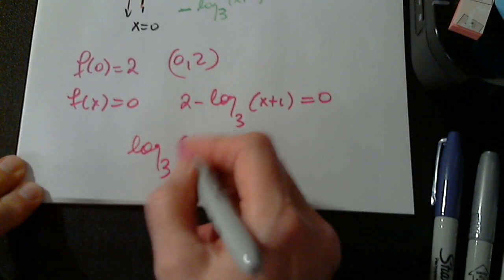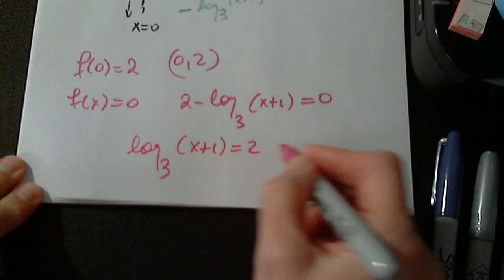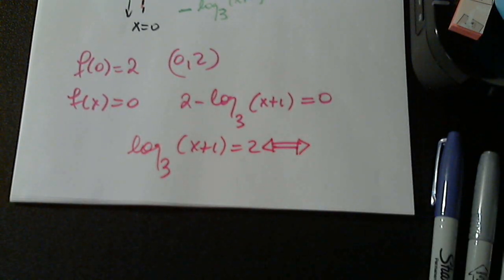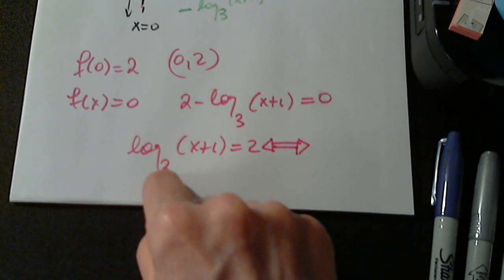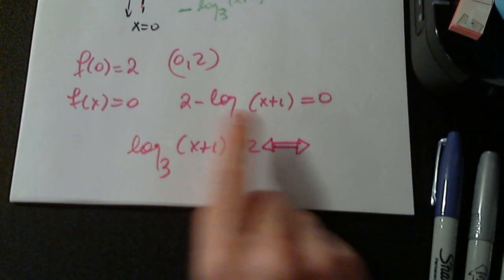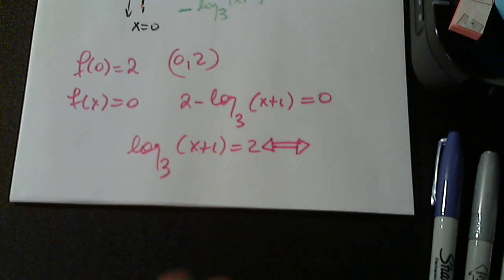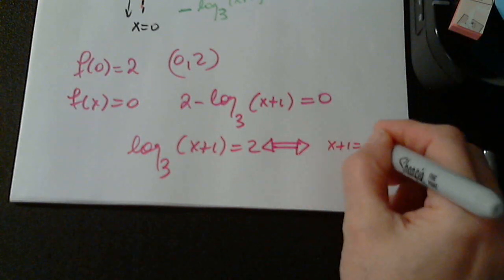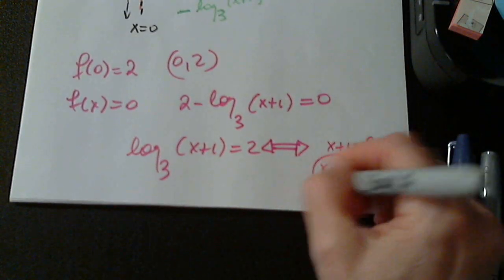It doesn't matter. And remember how we change this. Anyone remembers the equivalency? The base to the power 2 equals the number. So 3 squared is 9.